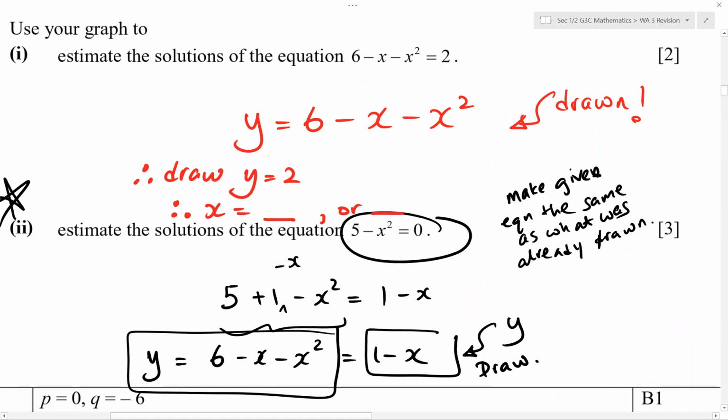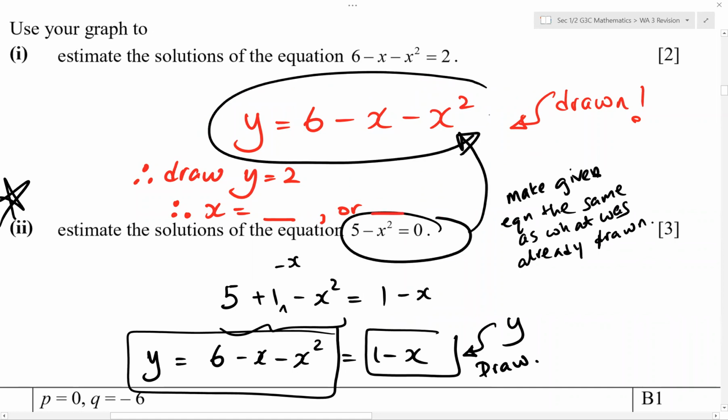So we want to transform this to look like this. The moment you can transform it to something that you have already drawn, the right hand side automatically will appear as the equation that you need to draw to find the points of intersection.